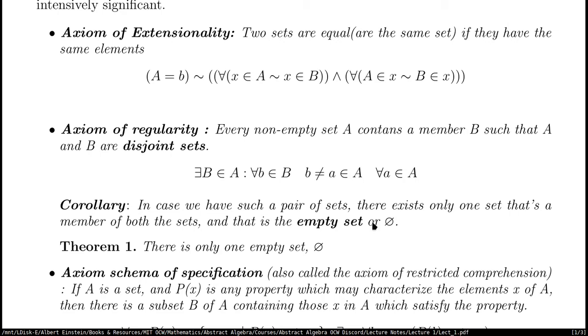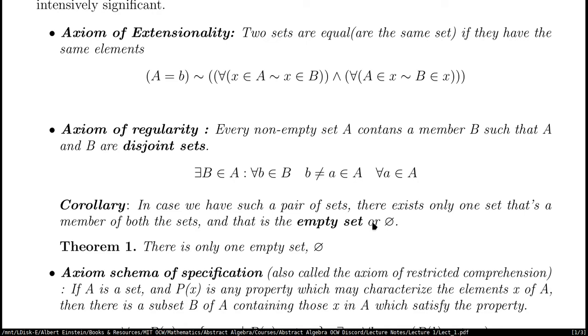Okay, so we have the second axiom. The second axiom is about regularity. This makes it clear that every set that is non-empty must contain a member, so it must contain another set within itself, such that the parent set and this other set B are disjoint, so they don't have any elements in common.